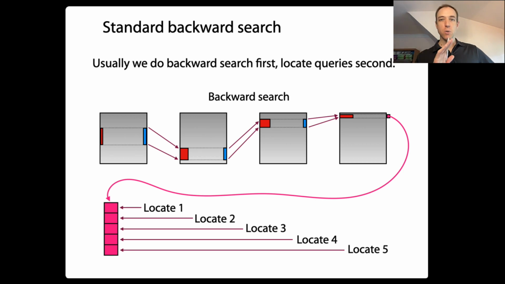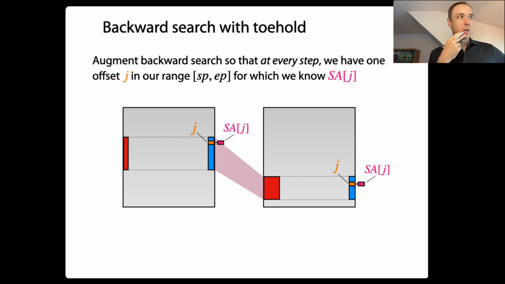This schematic is showing the old way that we did backward search in the FM index, where we would do step, step, step, step, step, and then at the end we would take the range of elements that we had matched, and for each of those rows we would do a separate locate query, locate, locate, locate, locate, to figure out what element was there. In our new framework, part of the work of doing the locate query is going to be wrapped up with the backward search. As part of the backward search, we are keeping our toehold.